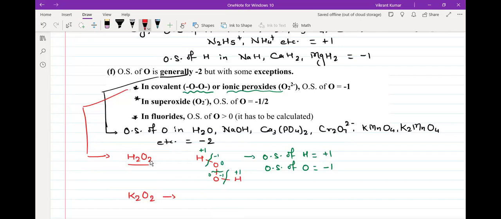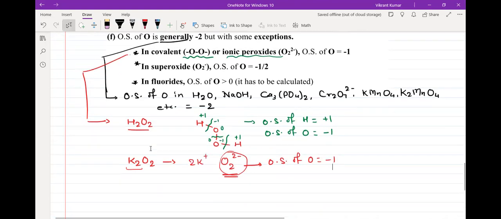K के पास कितना चार्ज होता है, अभी जस्ट सीखा था थोड़ी देर पहले. How much will be the charge over the oxidation state? +1 always. So 2K will take 2 plus ना. तो if 2K is taking 2 plus, तो O2 पे 2 माइनस रहा होगा, तभी तो नेट 0 हुआ होगा. इसका मतलब we have got this peroxide, and in peroxide, oxidation state of O will be -1.